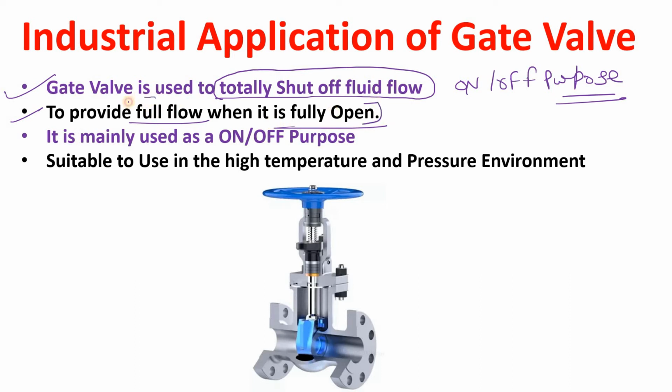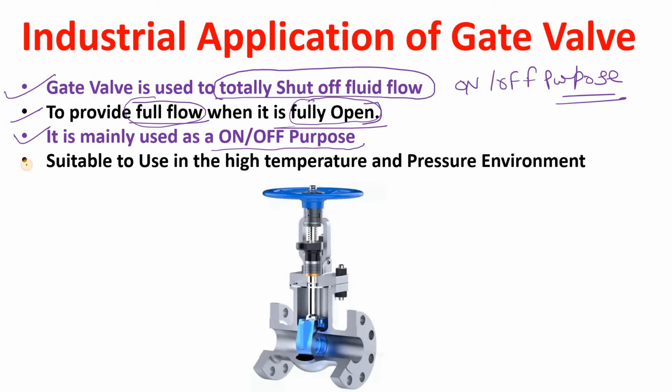This we have also discussed, right? It is mainly used for on-off purpose. Suppose there is a pipeline where you do not want regulation, you just want fully open and fully closed, so you can use this gate valve, right?